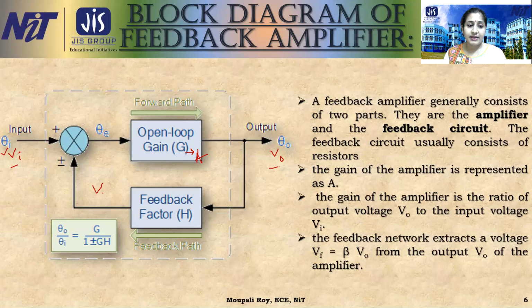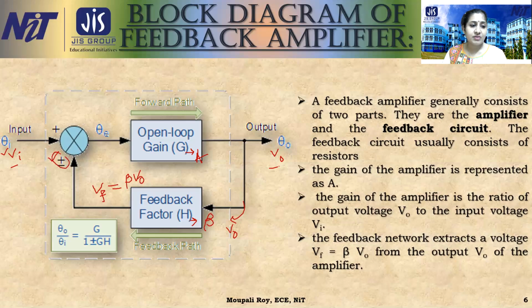If this H is mentioned as beta, then Vf is equal to beta times V0, the output V0 from the amplifier. This Vf goes to the circuit with positive or negative sign.